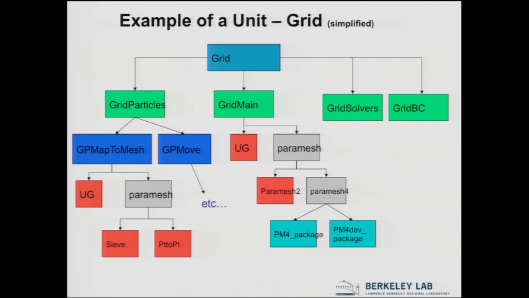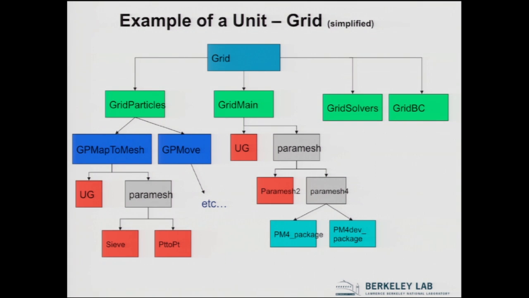Also, the multigrid solvers can be used for more than one particular physics. The same multigrid solver that you can use for self-gravity, you can also use for pressure in an incompressible solve. So when you come across such capabilities, they go and live under grid solvers where they have full access to the grid data structures, and there is just an interface for the physics to be able to access them.